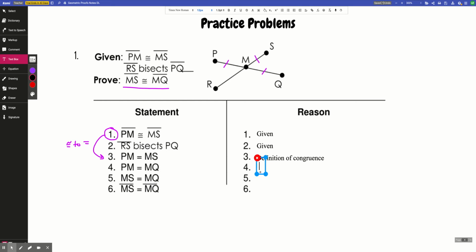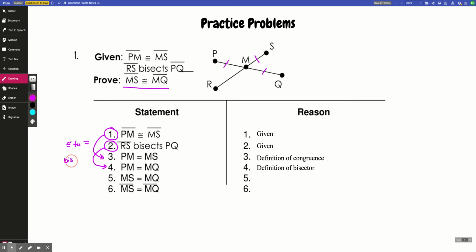Okay, so then step 4 says PM is equal to MQ, and we got that from the bisector rule. So we would write this as the definition of a bisector. What we did here is we took step 2 and said, if RS bisects, then the parts have to be equal, right?